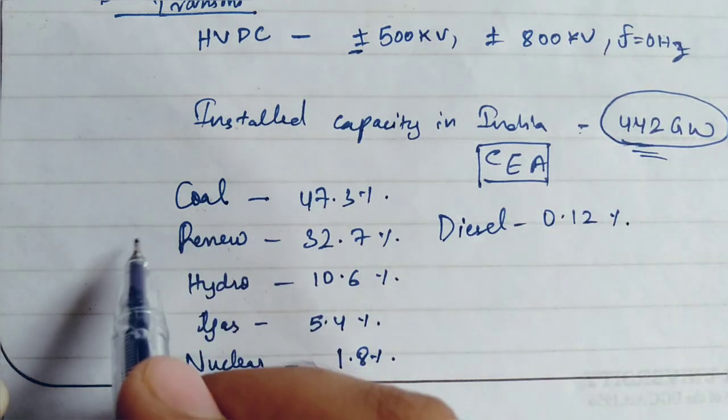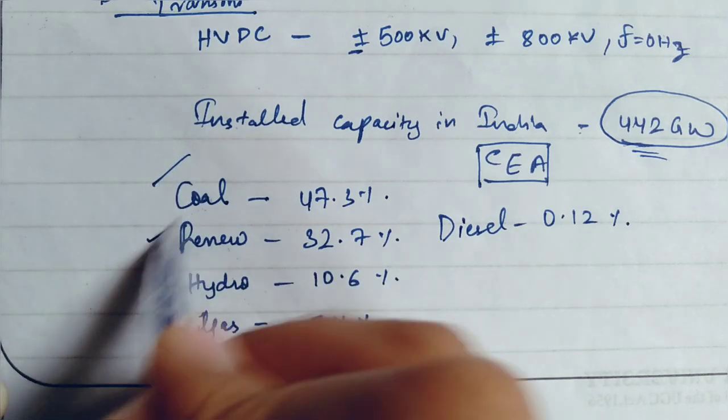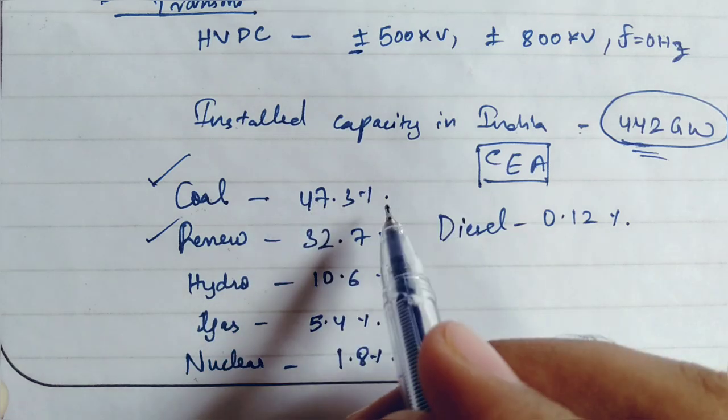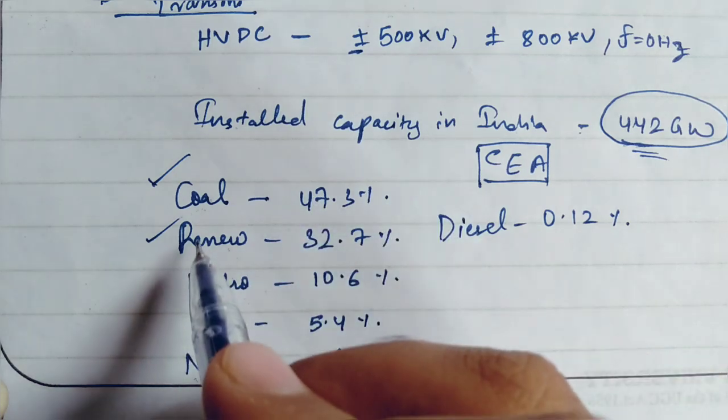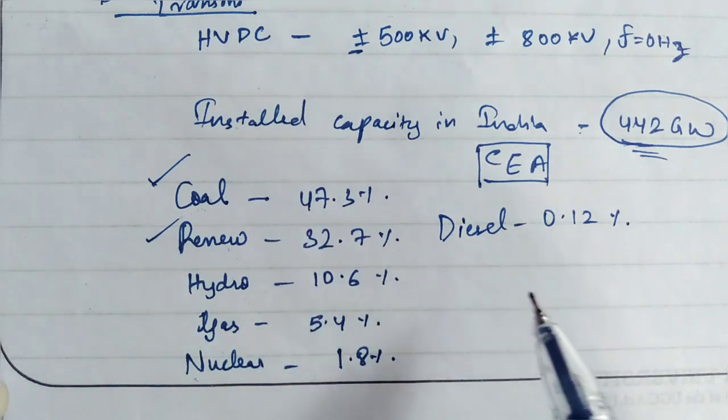So the highest even till today is coal. After that, renewable energies. The amount of coal has been reduced, and the renewable energy capacity has been increased these days. You can observe that. And moreover, all these plants will be in remote locations, and the power will be transmitted from remote generating stations to the load centers, which are cities or rural areas.